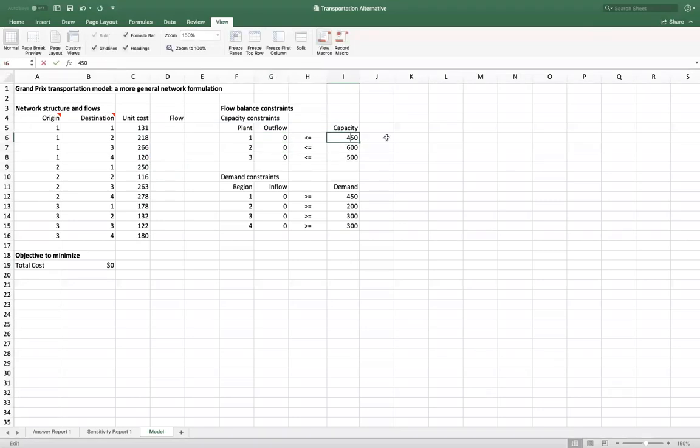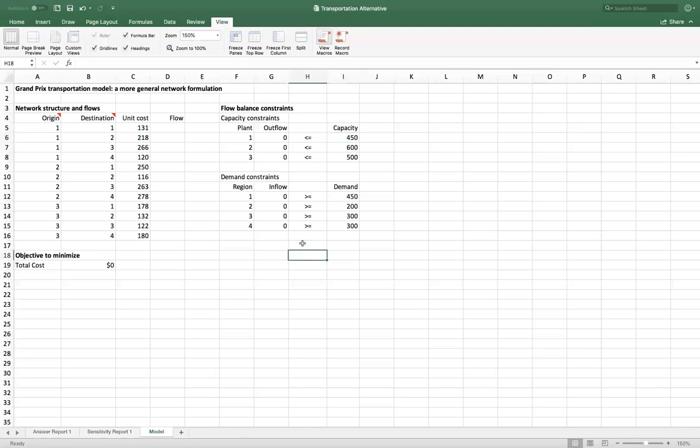And then it needs to be below 450. This is a constraint given to us. And then the same constraint applies to origin 2, and the same constraint applies to origin 3, but they all have different right-hand sides, right? Because of different capacities. Basically, this may be because plant 1 is smaller than plant 2. This is why the capacity of plant 1 is less than plant 2.